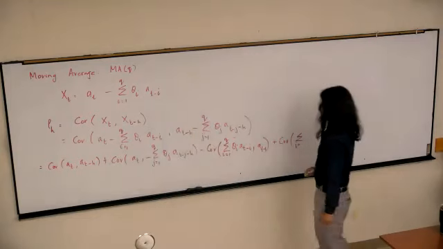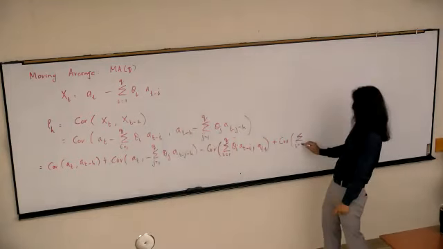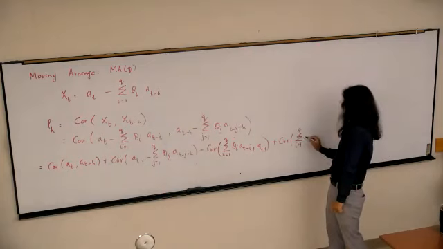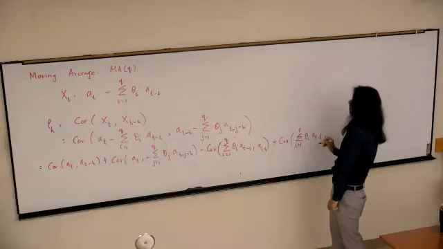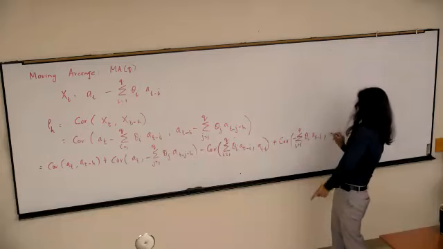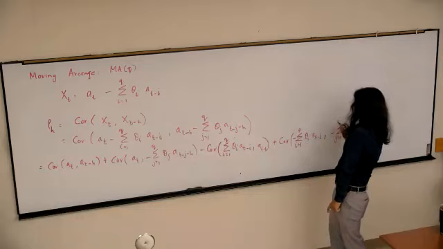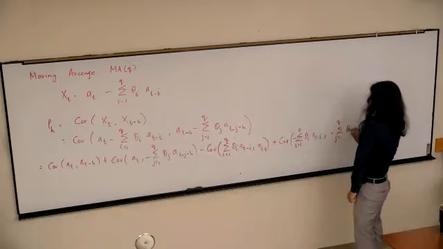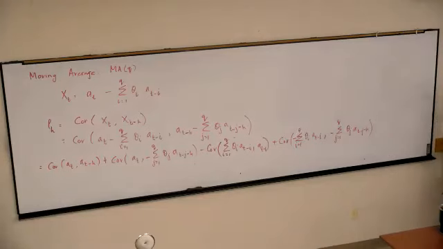And then our term will be i equals 1 to q theta i a t minus i, comma, there's a minus, another minus, and that is what we will have.